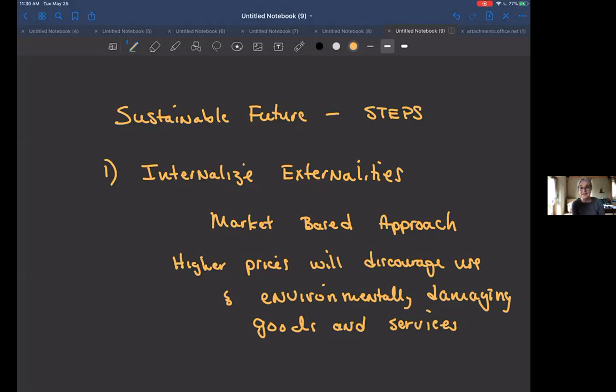Now, the government and people don't generally like this, but there is an ability to kind of balance it out through what is called revenue recycling. So let's talk about that idea of revenue recycling. So you could impose a tax on gas. Okay.